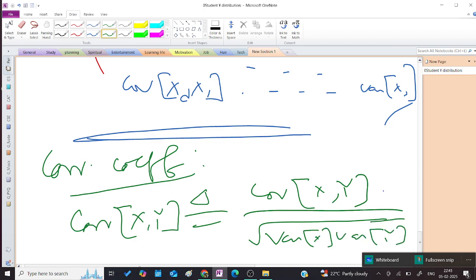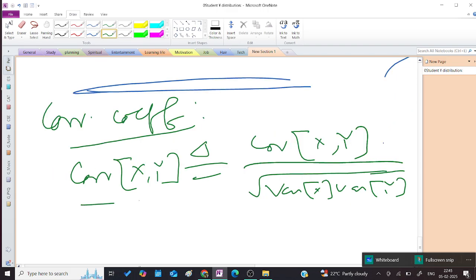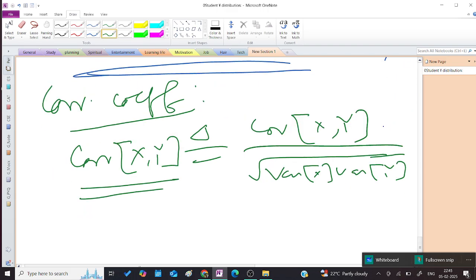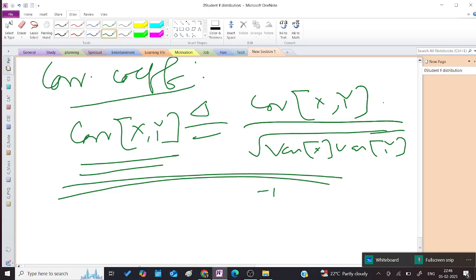This correlation coefficient is mainly used to normalize the covariance, because the covariance is not at all limited, it can go to any number. So to limit it within minus 1 to 1, we use this formula.